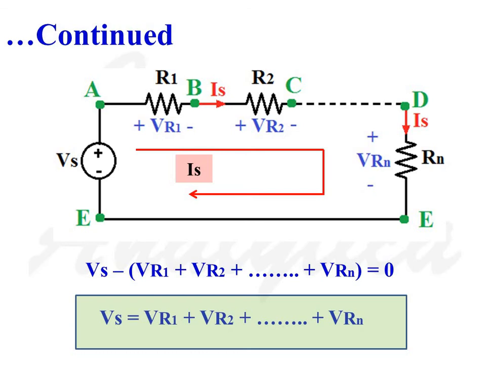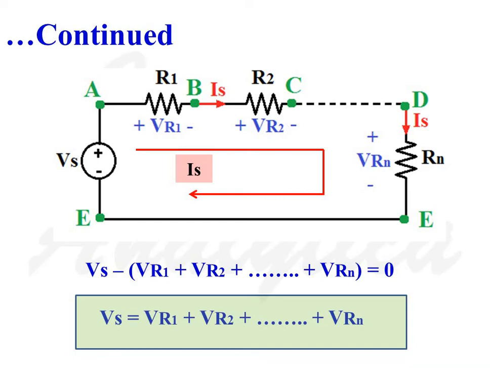So this is a simple network which consists of voltage source Vs and n number of resistors R1, R2 to Rn. I is the current flow through this network. So according to KVL, we can write Vs minus VR1 minus VR2 minus VR3 etc. minus VRn is equal to 0.